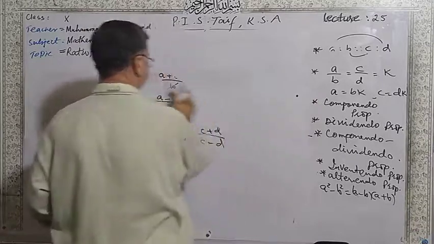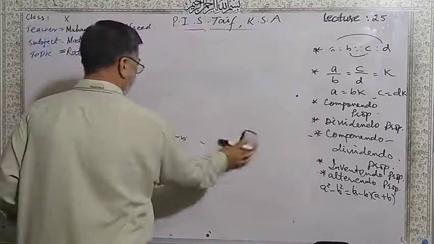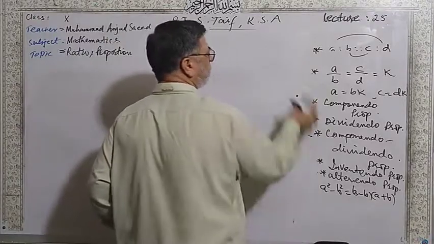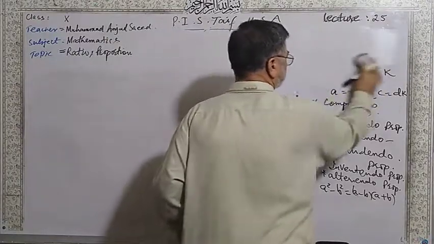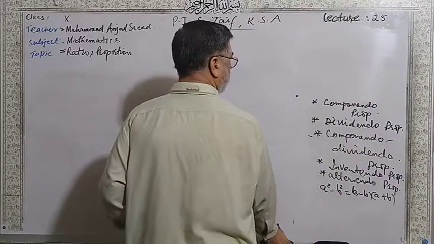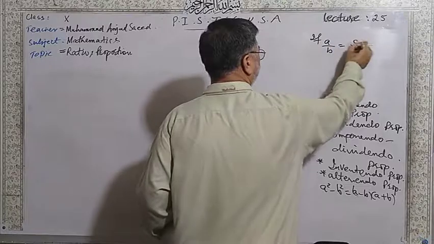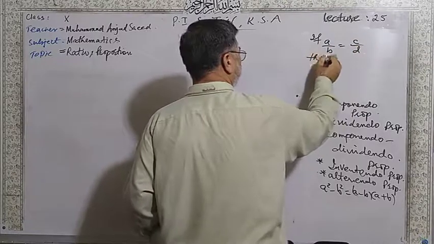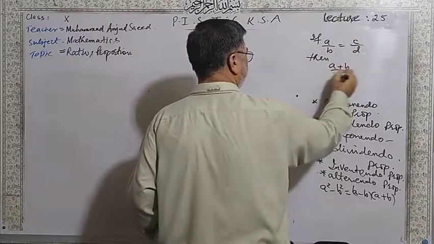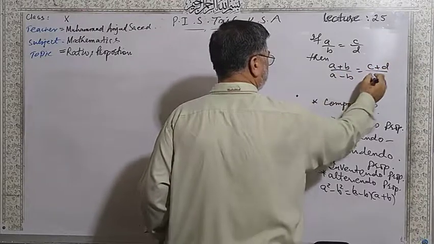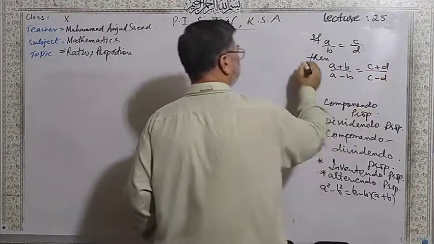Remember that if A over B is equal to C over D, then according to componendo and dividendo property, A plus B over A minus B equals C plus D over C minus D.